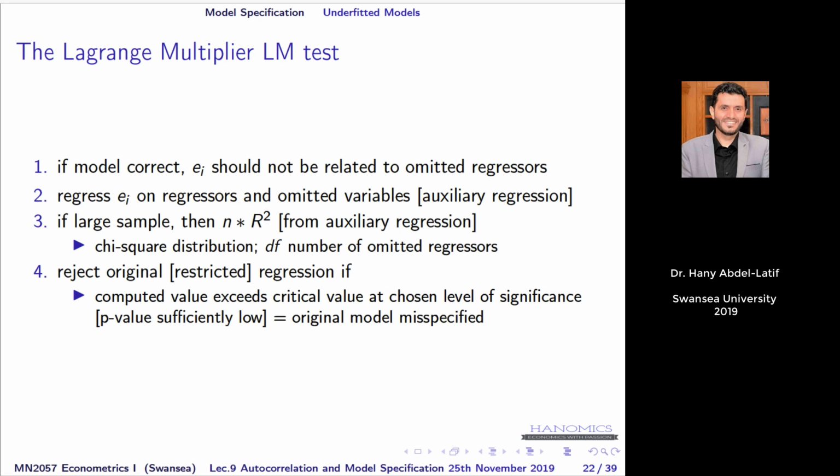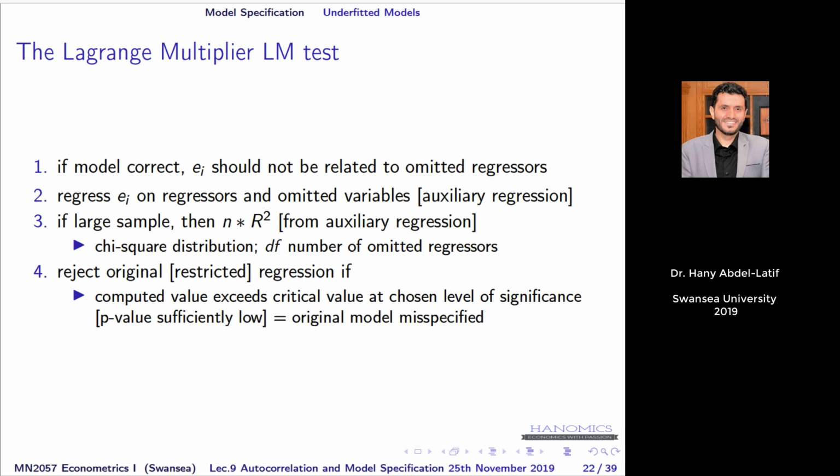So if we suspect that there are some regressors that are important and we should include, but it turns out that these are not important anyway and we shouldn't include them, that means your residuals should not be correlated with these omitted variables. So what to do then? Then you estimate your model, you obtain residuals, and then you regress these residuals on your regressors in the original model, plus the omitted variables, the variables that you weren't sure about.